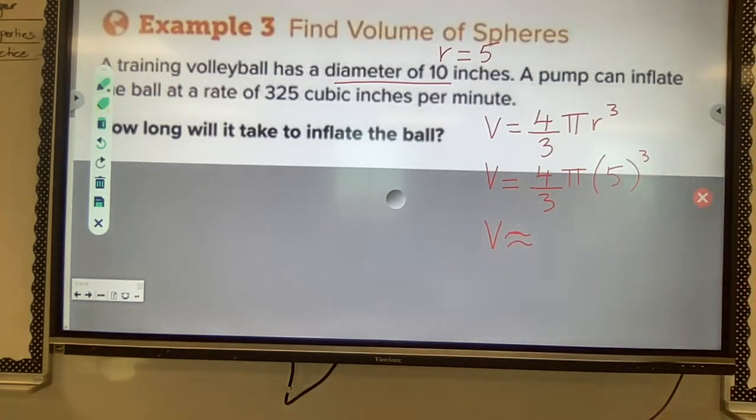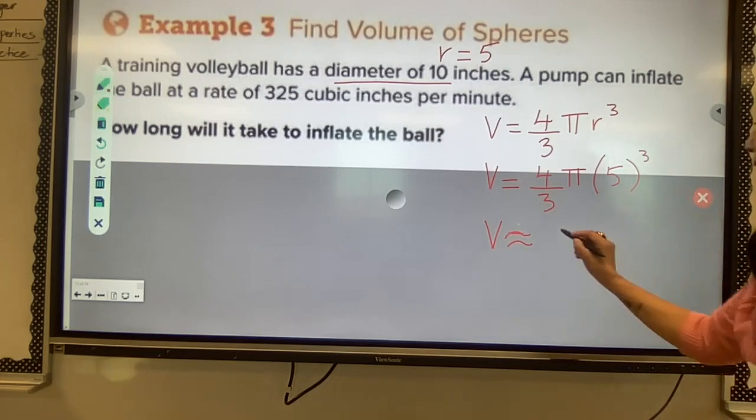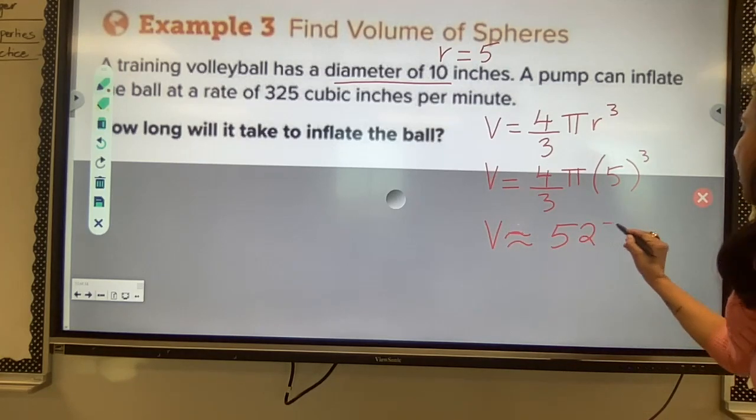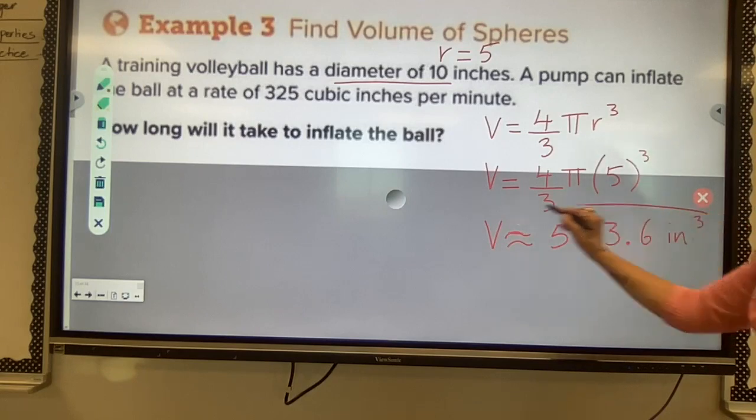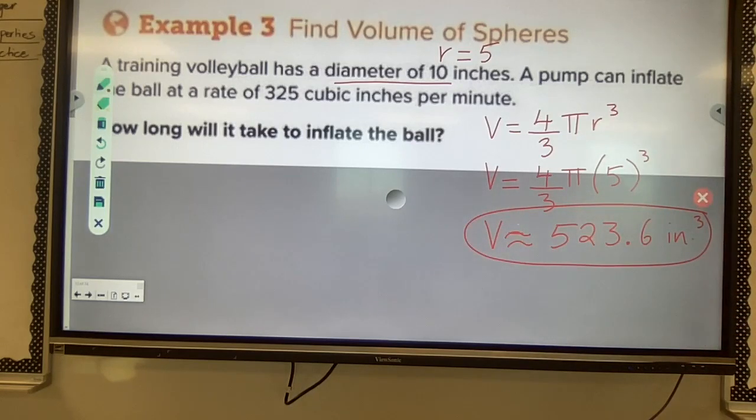Okay, so 5 times 5 times 5 times 4 times pi, because I want the decimal version, and then divided by 3. So I get 523 and 6/10 cubic inches as the volume of this.